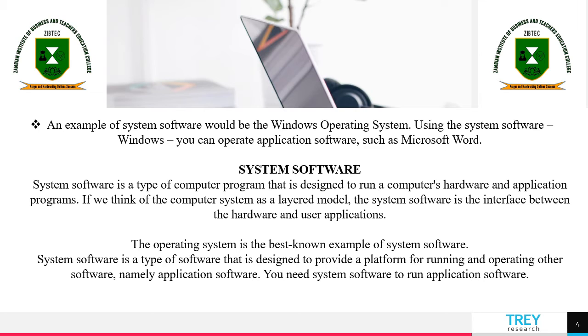Okay, and the application programs, I'm sure you can even give examples just from talking about them. Application software like Microsoft Office, Word, PowerPoint, Excel, Publisher, Access. All those are examples of application software that cannot run on their own, but depend on the system software to be able to perform their tasks properly.